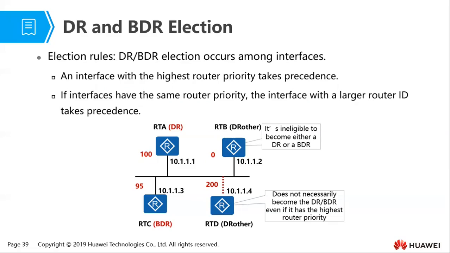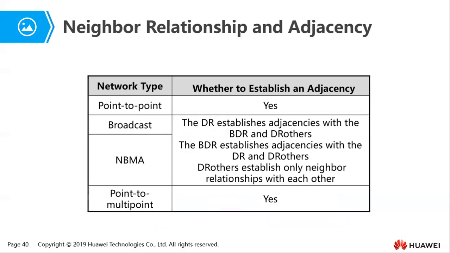No, that's not correct. The interface will form the neighbor relationship and it will form full adjacency, but it will not participate in the election when you use point-to-point.